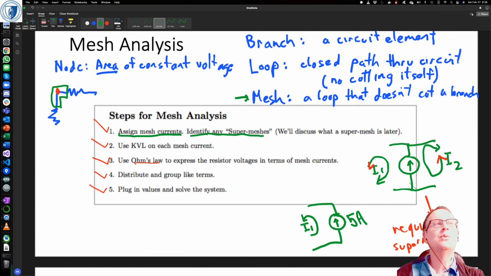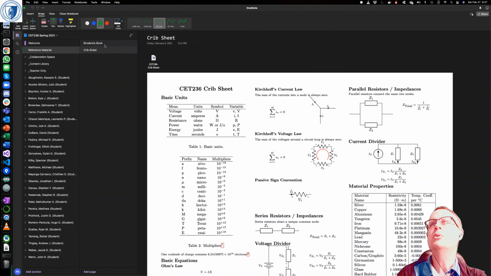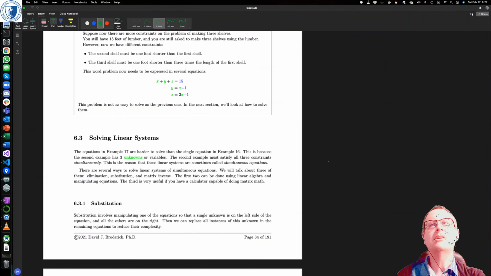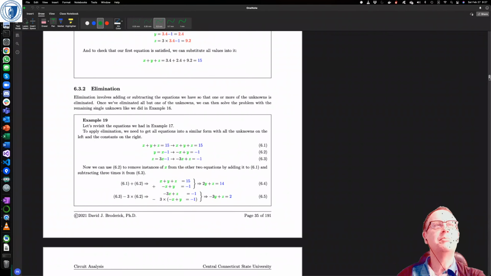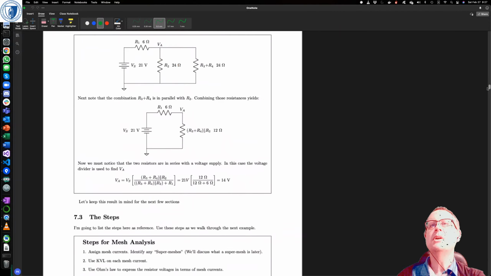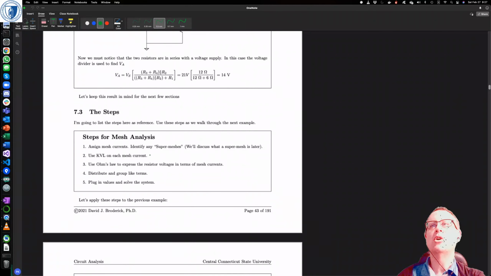Okay? So you've got to make sure that you're not being given a freebie. And actually that reminds me, if you go to Professor Broderick's textbook, I pointed you to the Solving Linear Equations chapter before, but there's also his, and you can see this is where I got my algorithm from.